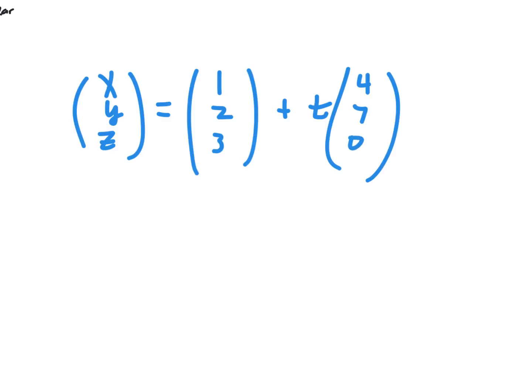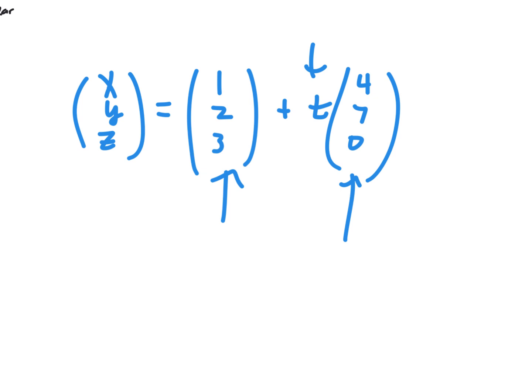Do you get that that's an equation of a line that starts here and goes in that direction, but by using negative time, it can also go in the opposite direction, but it's just one straight line in 3D space.